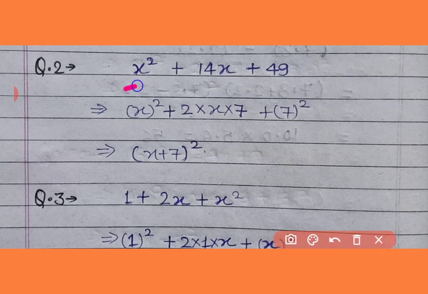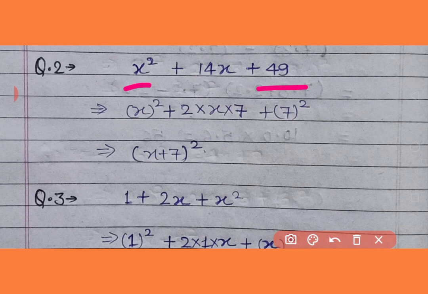It has given x square plus 14x plus 49. I have told you that minimum two terms should be perfect squares. Then here we can see that x square is a perfect square and 49 is a perfect square. So how will you determine that it is in the form of a square plus b square plus 2ab or not?